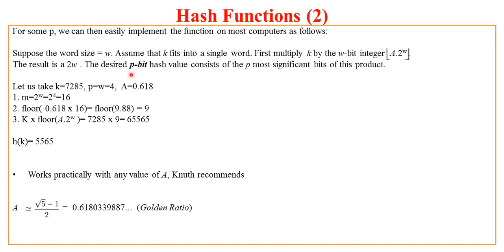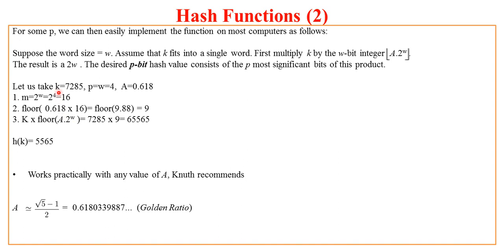Whatever value we get is not directly taken as the address; rather, the desired p bits from the result are taken. Those will be the p most significant bits of this product, and those p most significant bits will be the address of key k or identifier k.